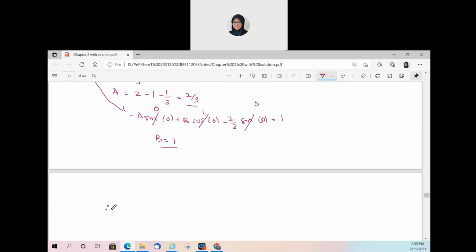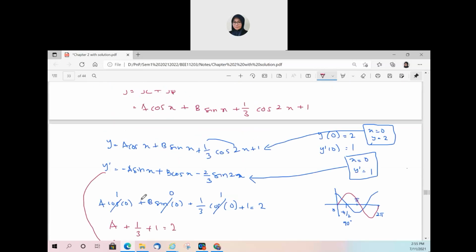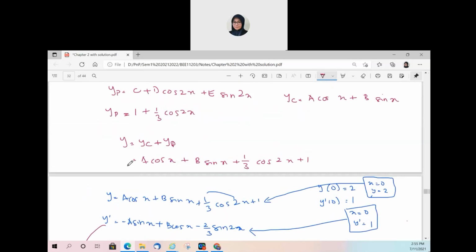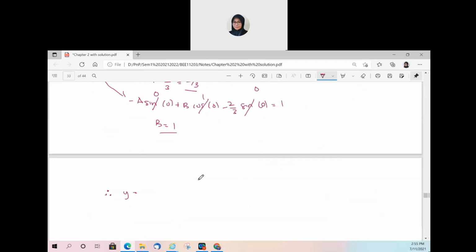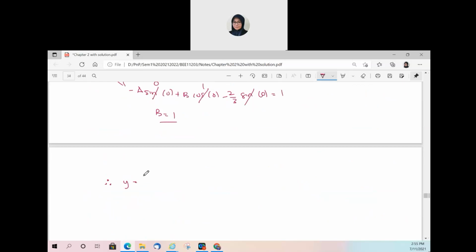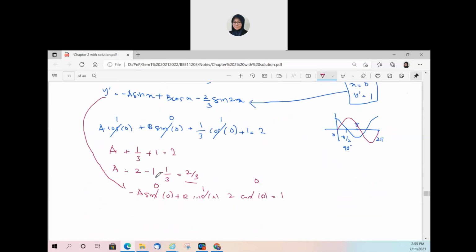so our final equation y equals to, okay. So this is our general equation. Okay. So you substitute A and B here. So A is 2 over 3. So 2 over 3 cos or sine? 2 over 3 cos x.